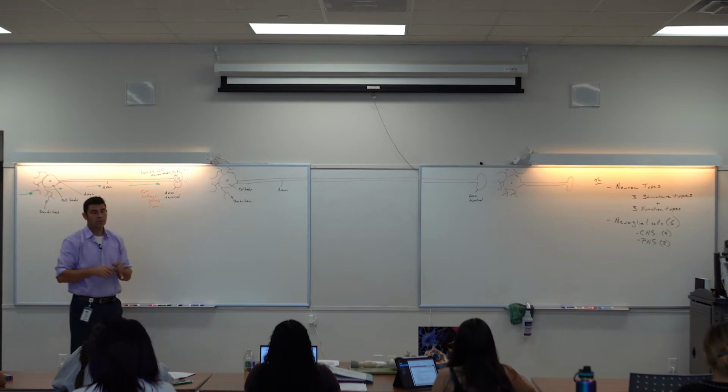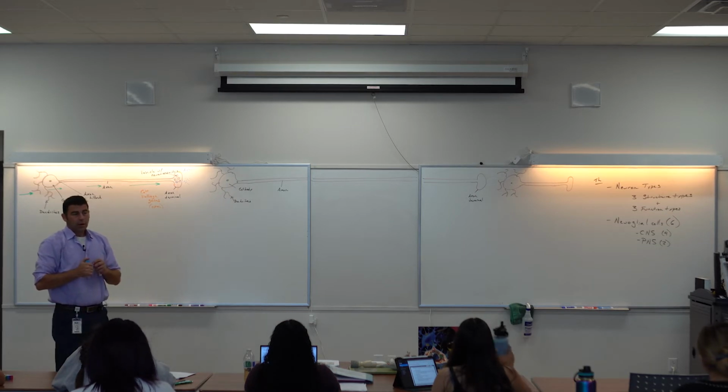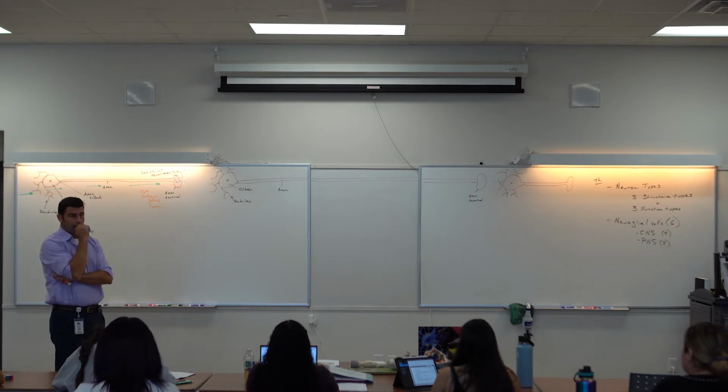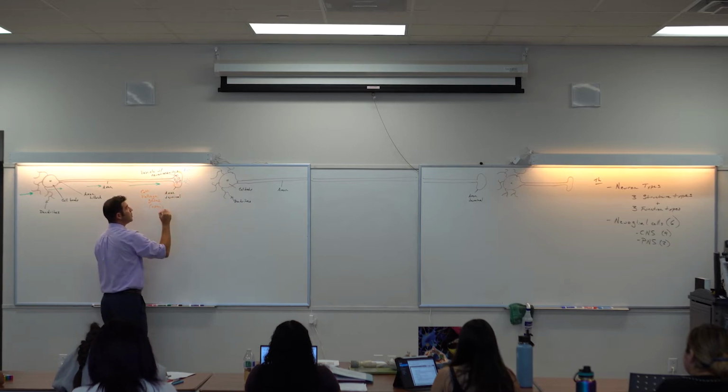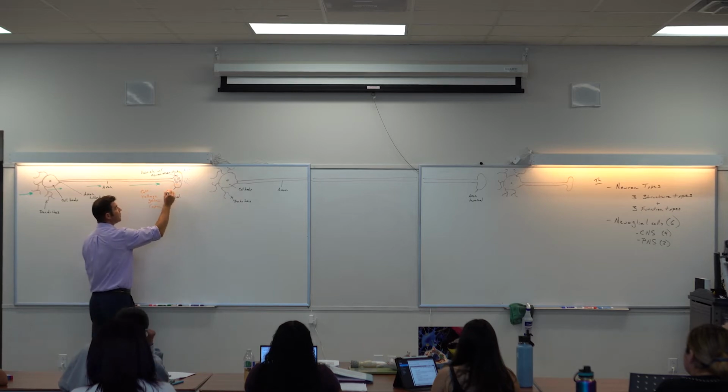Good. The signal opens up the gates, the calcium gates. Does calcium go through them, or the acetylcholine stuff? So the first thing that happens is calcium ions are going to move into this axon terminal from the extracellular fluid. So calcium ions are outside the cell, out here in our ECF.